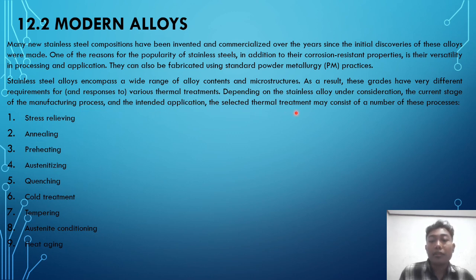The selected thermal treatment may consist of a number of processes. First is stress relieving, second annealing, third is preheating, fourth is austenitizing, five is quenching, six is cold treatment, seven is tempering, eight is alternate condition, nine is heat aging.